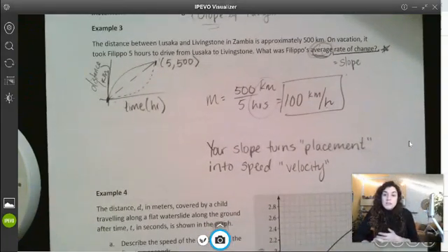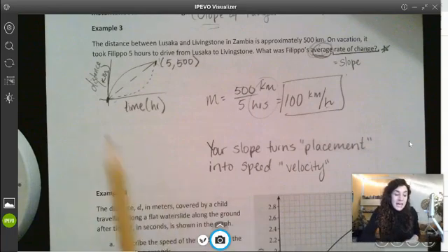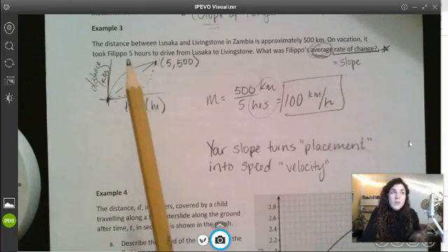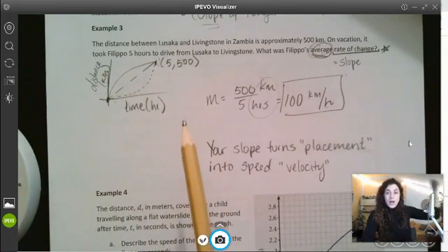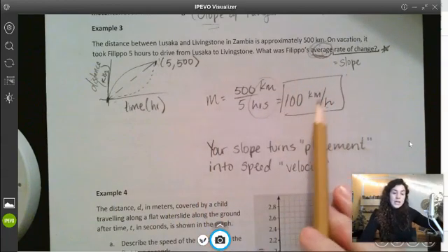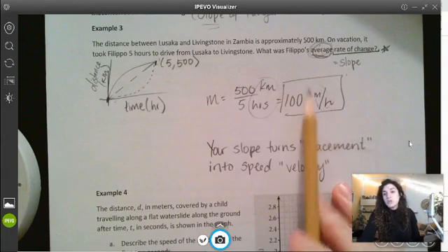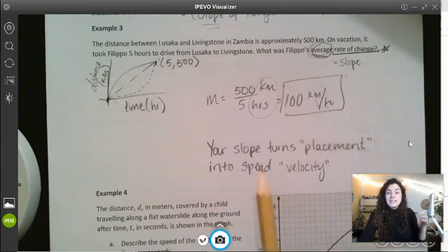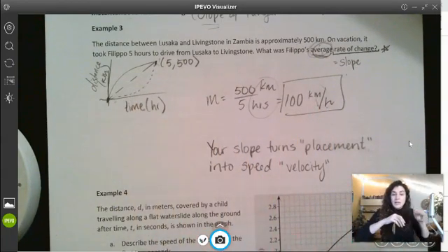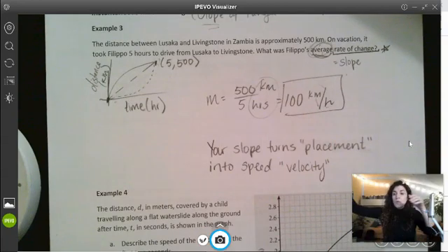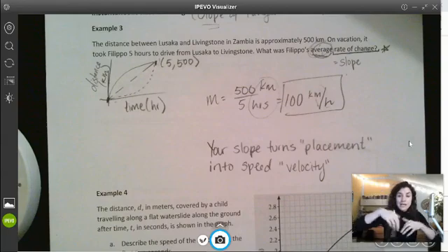So when you've been finding slopes in the past, hopefully you've made this connection, but if not, now's a good time, that when you're finding the slope, the relationship as y changes, how does x change? It often results in a speed of some kind, a relationship between those two variables. And having your placement, or like, I'm here at this time, I'm here at this time, relating those together creates your speed at which you got there.